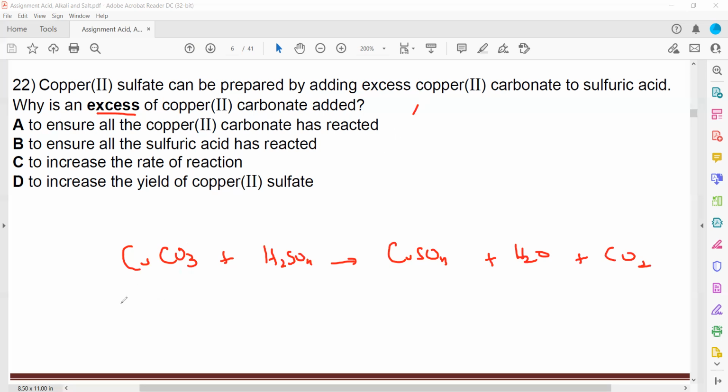Now, why do we use excess? What is the reason why too much is used? Because we want to make sure that all of the acid has reacted, so that no acid is left unreacted, because this excess copper carbonate can be removed by filtration.